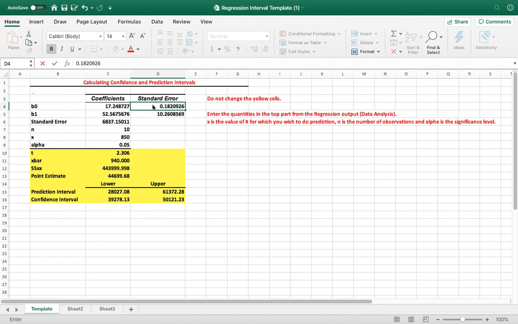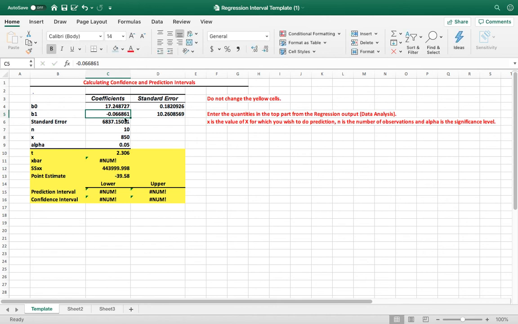Barring any errors that I'm making in inputting this data, this one's going to be negative 0.066861. This one over here is going to be 0.0049746, and the standard error is going to be 0.3264886.